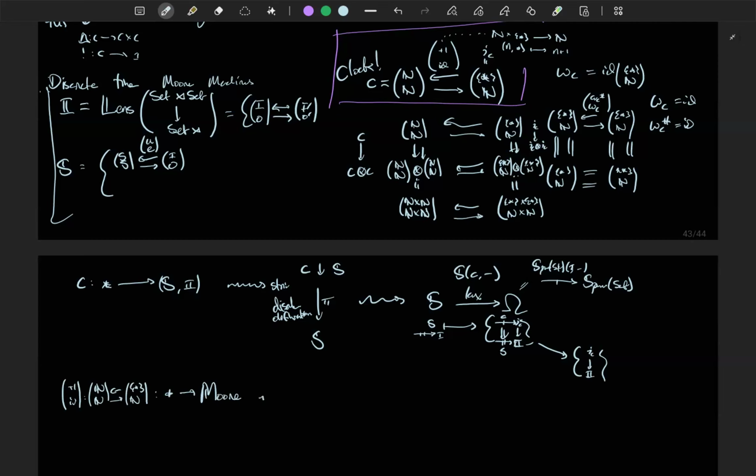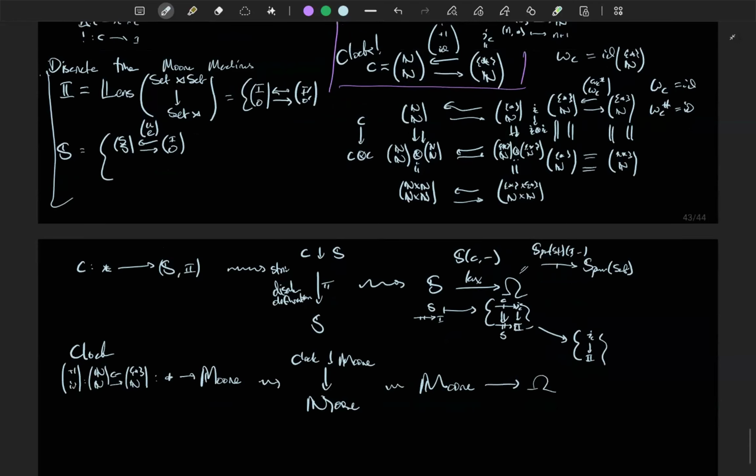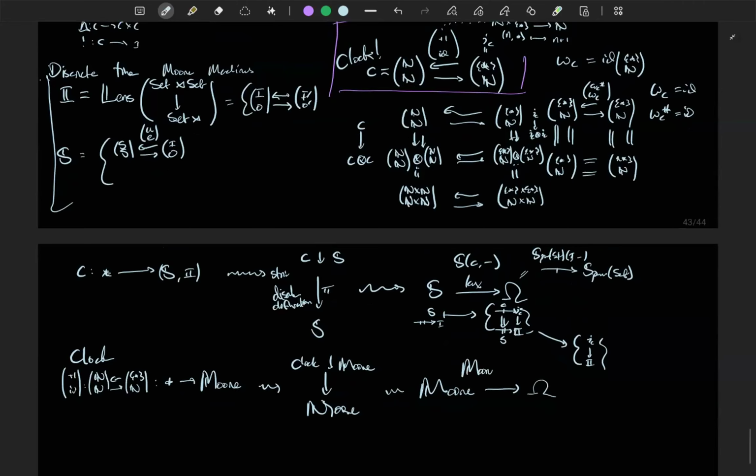So we take that and we get this other thing, which is, let's call this clock. We get clock, down arrow more, over more, and we turn this into more, going into omega, which is more out of the clock.